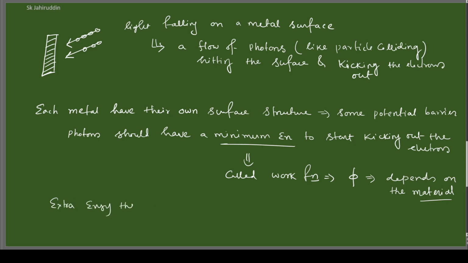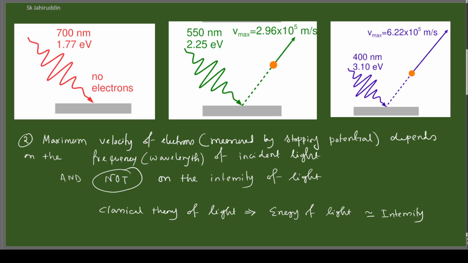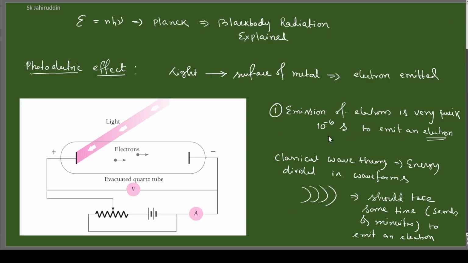So when the photons have higher energy than phi, that extra energy than phi of the photons is converted into kinetic energy of the electron emitted. And that I forgot to mention: that kicking out of the electron by colliding photons actually solves the first problem, the quick phenomenon.